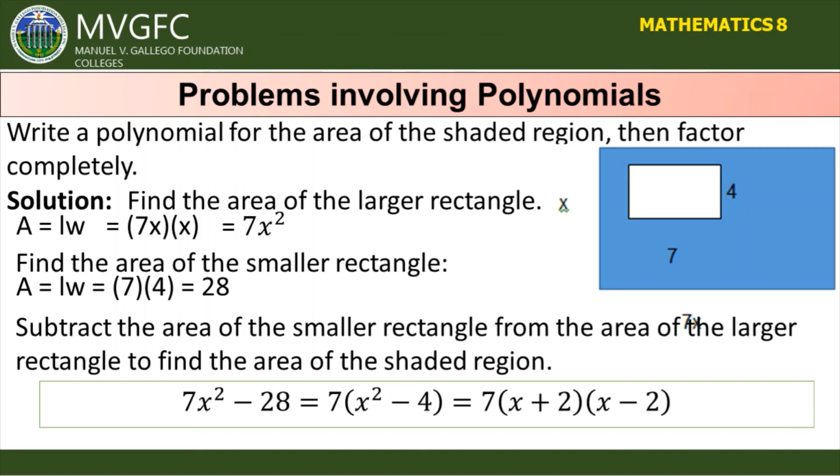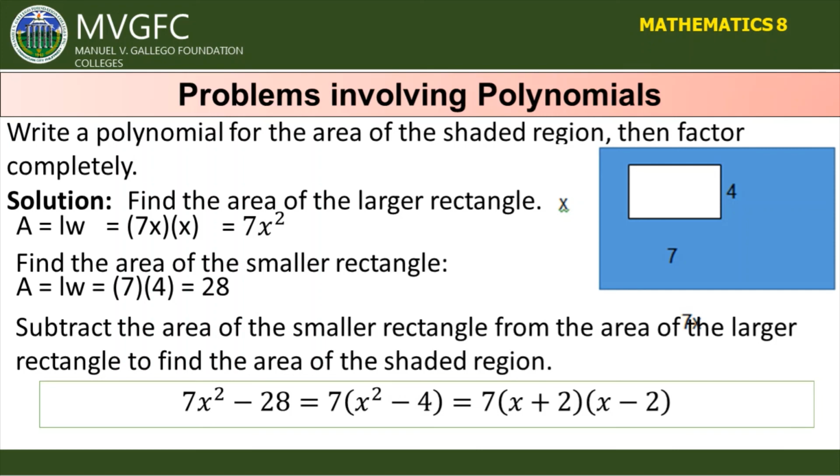So we can actually now use our knowledge in factoring polynomials. As you can see, 7x squared and 28 are not both squares. So we can use the common monomial factor. The common factor of 7x squared minus 28 is 7. So 7x squared divided by 7, the answer is x squared. And negative 28 divided by 7, you got negative 4.